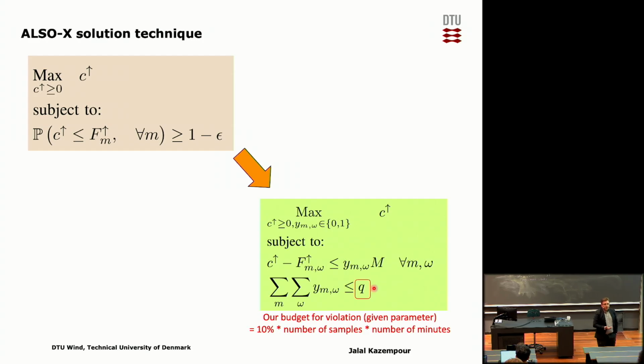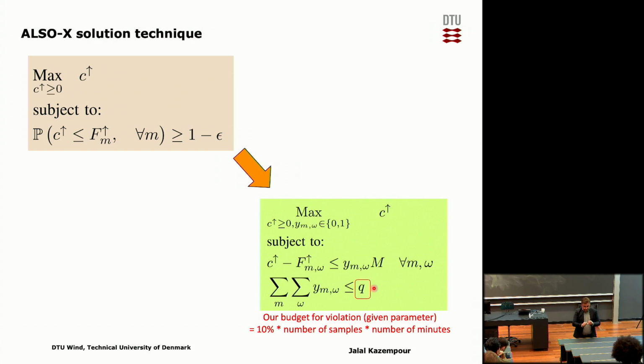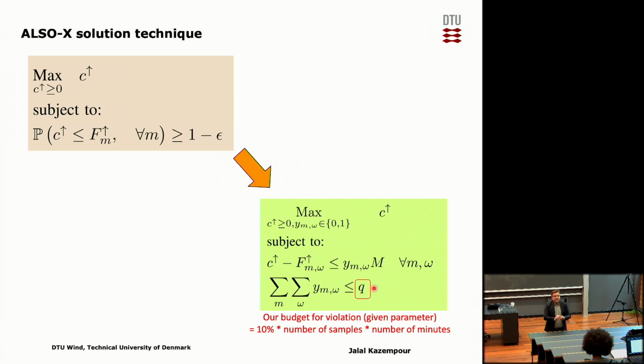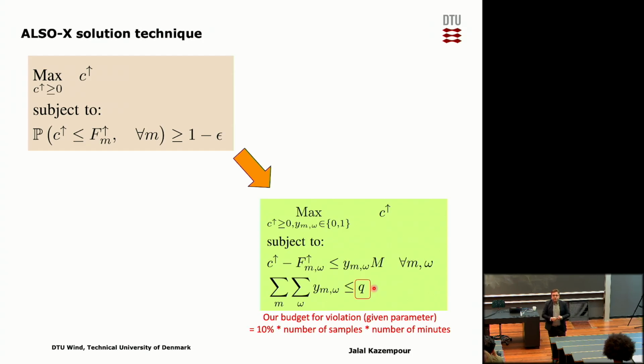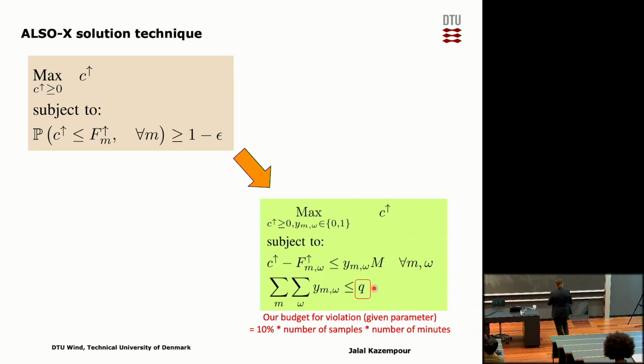And what is our violation budget? Okay, we have Y per minute per scenario. And how many times can we violate? 10% of the times. So here we have 60 minutes. Let's say we have 100 scenarios. 100 scenarios times 60 minutes times 10%. So our budget is 600. Did I say correctly?